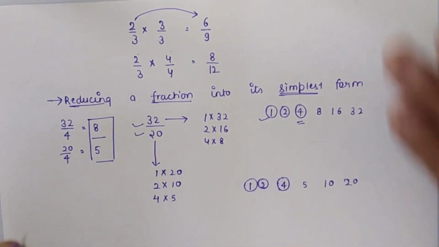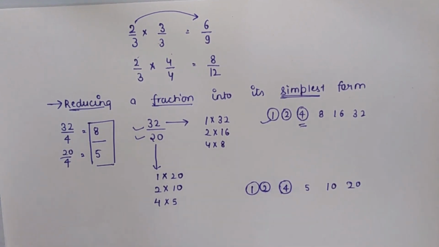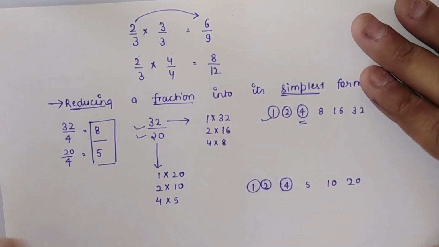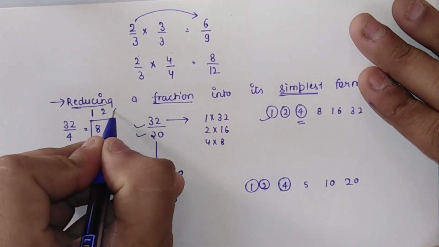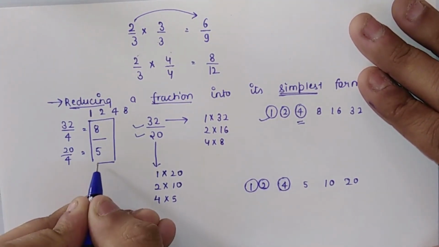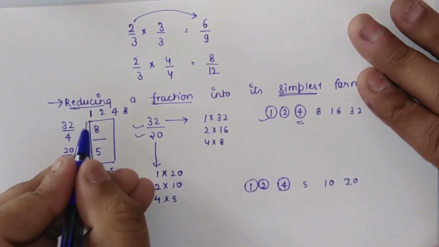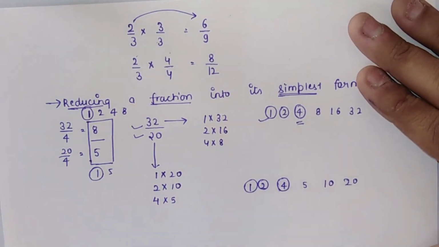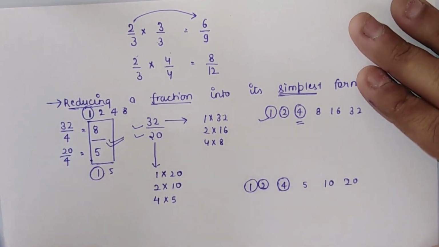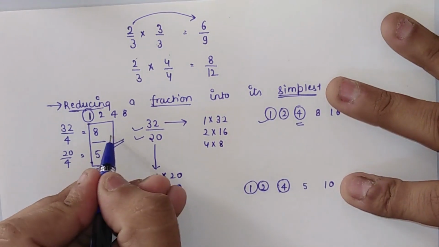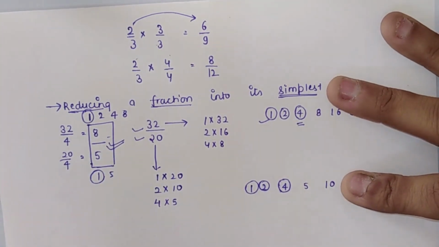Now the factors for 8 are 1, 2, 4 and 8, and for 5 the factors are 1 and 5, because 5 is a prime number. So the only common factor between them is 1, and this fraction is in its simplest form. 8 by 5 is the simplest form of 32 by 20.